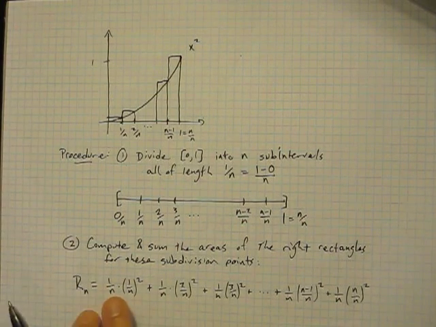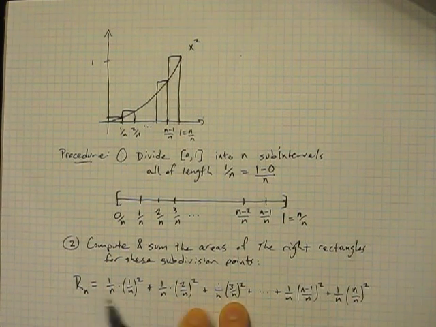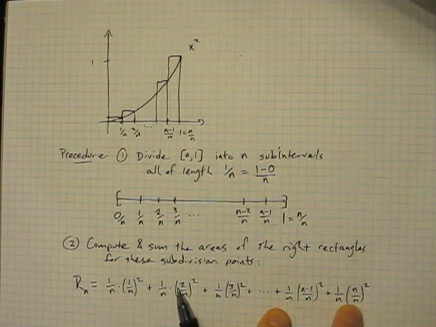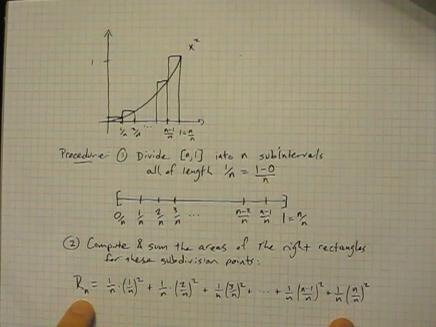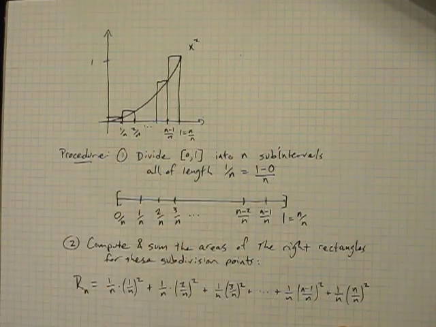So this is rectangle 1 area, rectangle 2 area, rectangle 3 area, and on till we get to the last rectangular area here. So this right here, you can put any number in for n that you like.